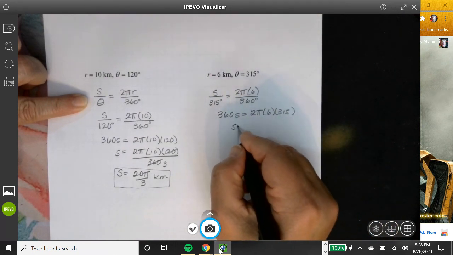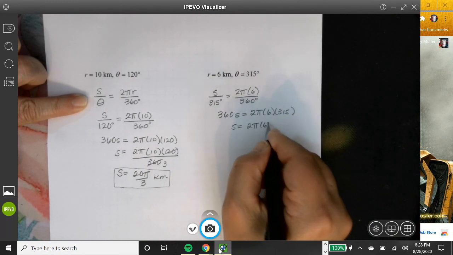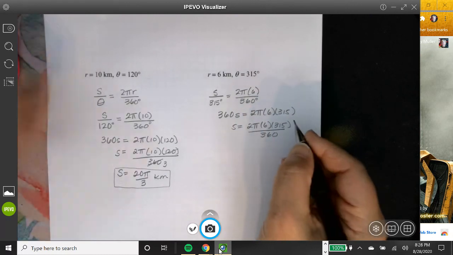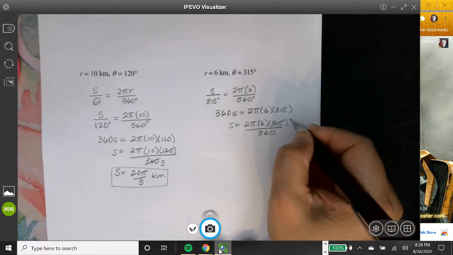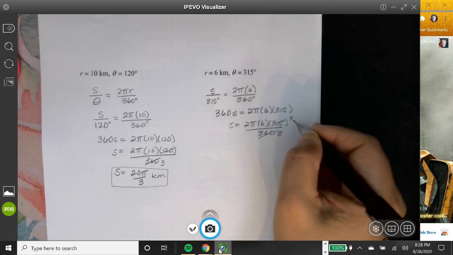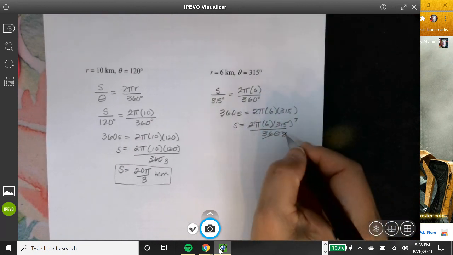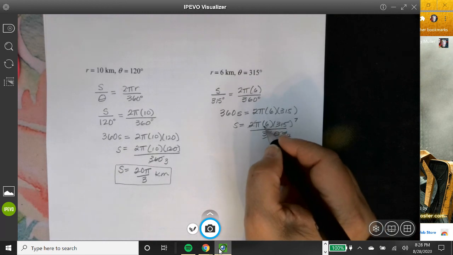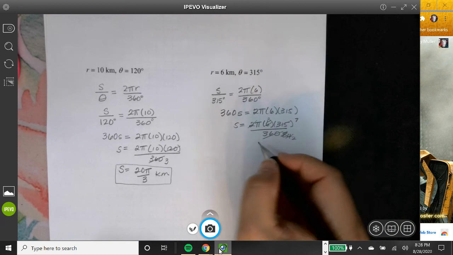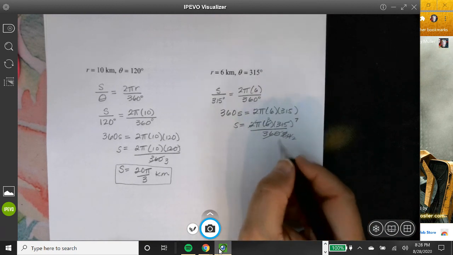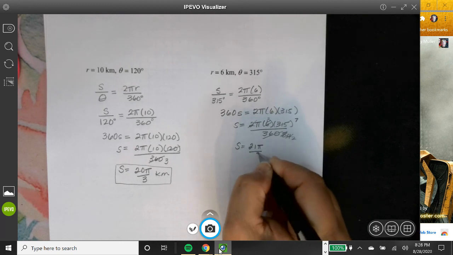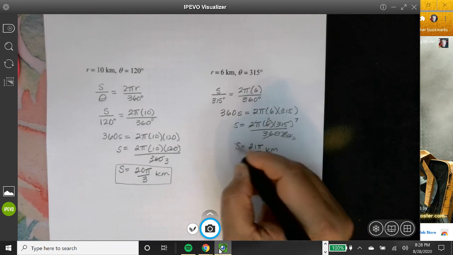Dividing by 360, I get S equals 2 pi times 6 times 315 all over 360, and just remembering that 45 goes into 315 7 times, 45 goes into 360 8 times, 2 goes into 8 4 times, 2 goes into 6 3 times, and then this reduces by 2, and then I get, it looks like 21 pi over 2. And again, my units are kilometers.